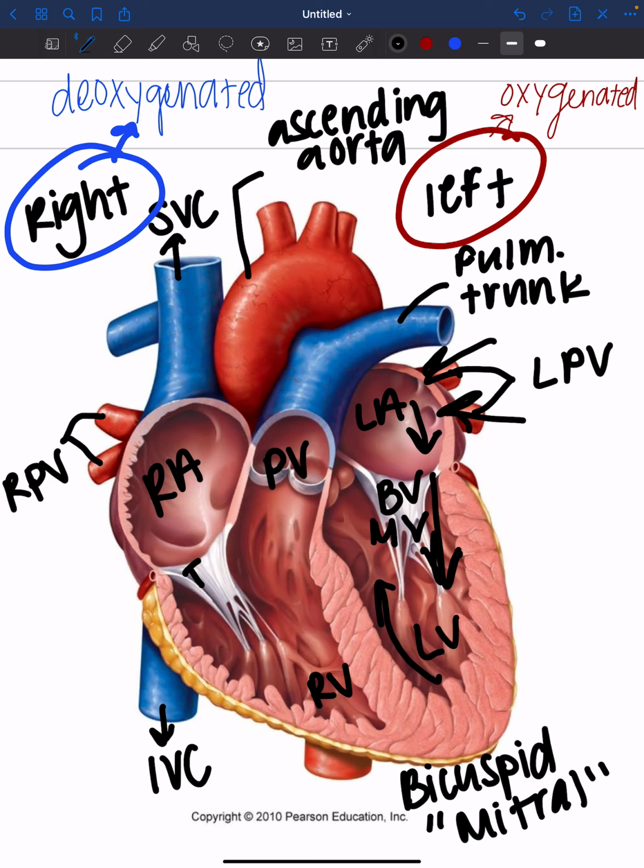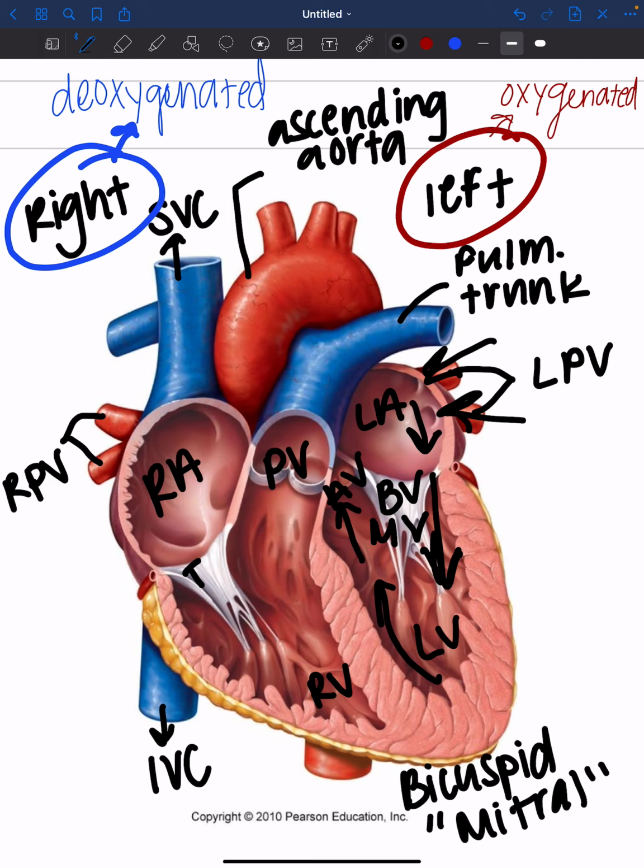It's really confusing when you look at it, because actually this is our aortic valve. I didn't want to confuse anybody, but here, this is our aortic valve.